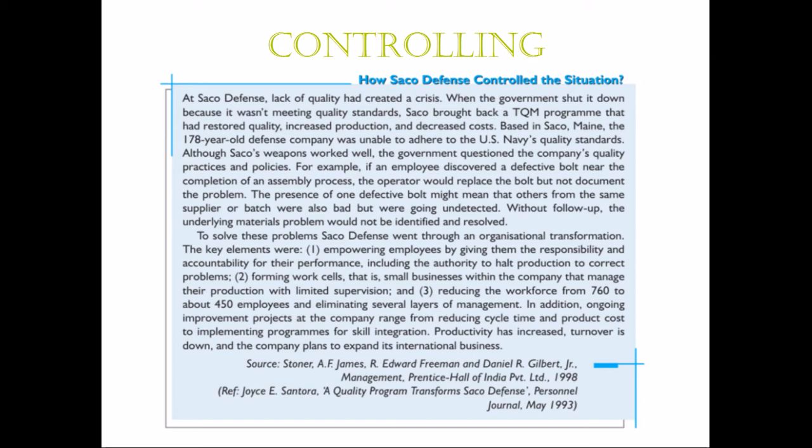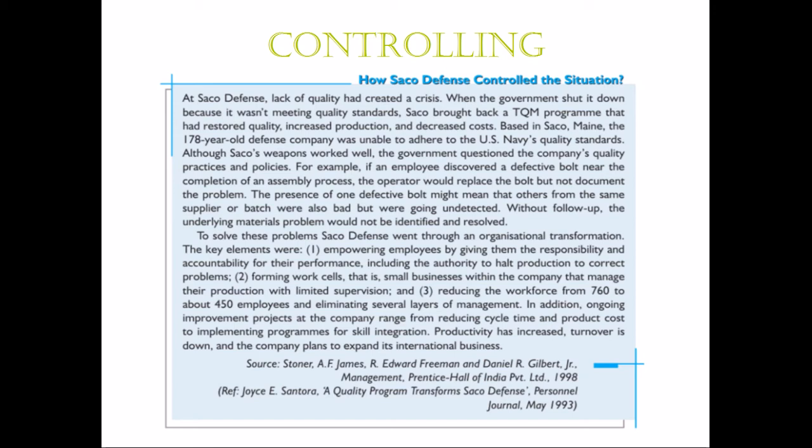The US Navy has a particular quality standard, and if the companies that are manufacturing their items do not meet those quality standards, the Navy will not buy their products. Saco Defense Limited had been supplying the materials for the US Navy, but after the Navy felt that their product was not up to standard quality, they ended the contract with Saco Defense.